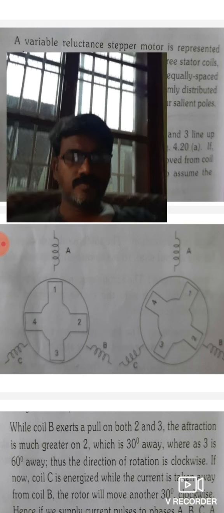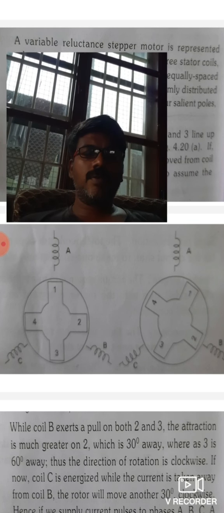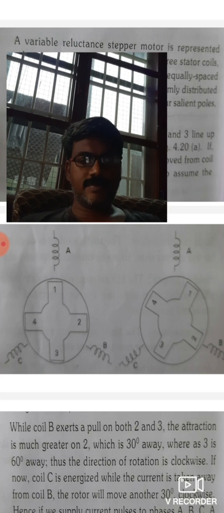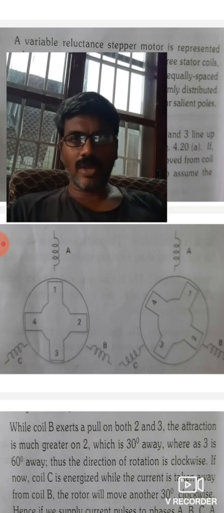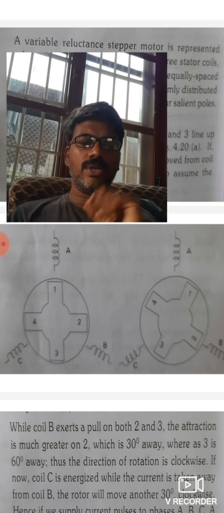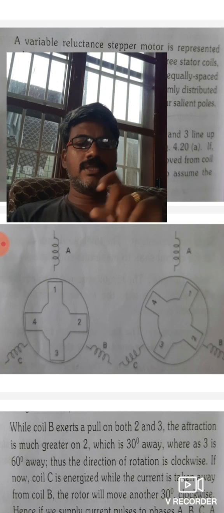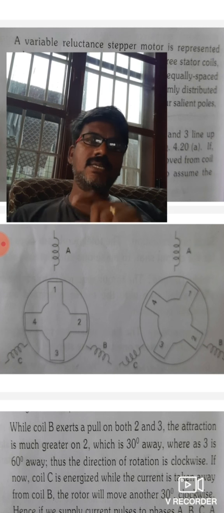Next, the coil B exerts a pull on both 2 and 3, but the attraction is much greater on 2, which is 30 degrees away, whereas 3 is 60 degrees away.